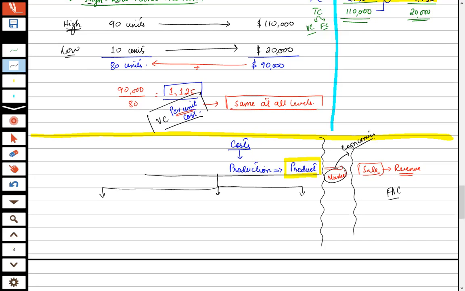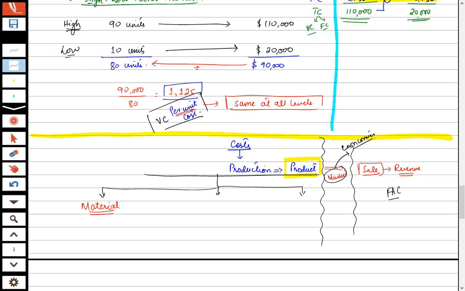In managerial accounting, there are basically three main components, three factors. What are these? For producing any product, some material is required. Unless that material is present, we cannot produce anything.